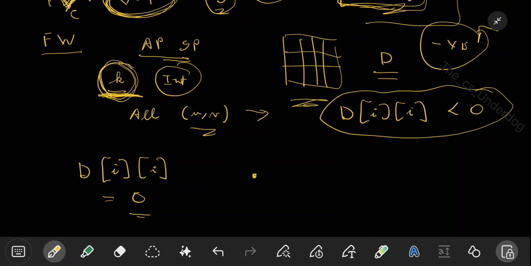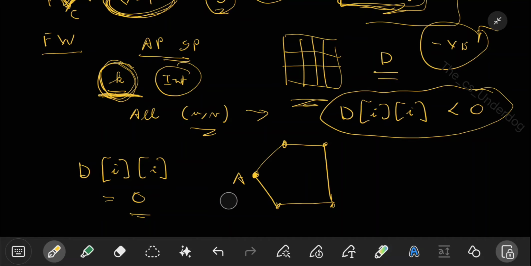Let us take a graph similar to what we considered previously in case of Bellman Ford. If this is the graph, let us say you are standing at this vertex A, then d[i][i] is distance from A to A, which is 0. Now think, when will this become negative? This will become negative only if this vertex A is part of a negative weight cycle.